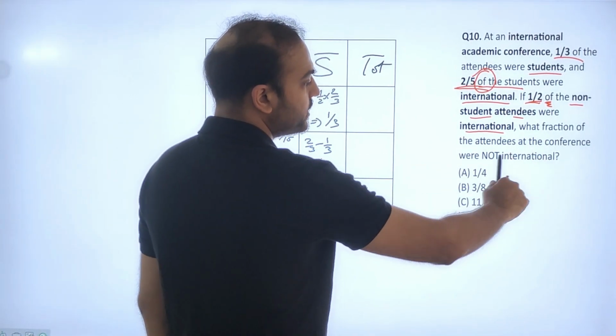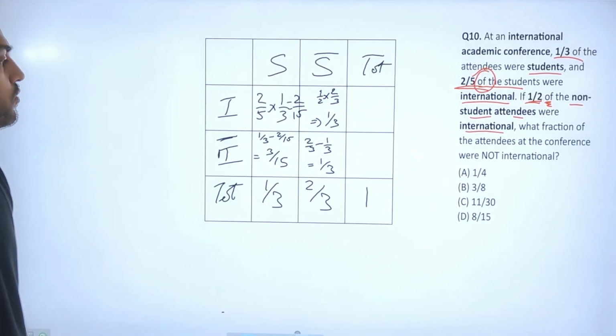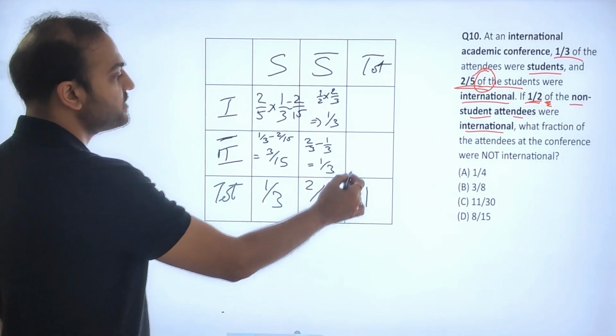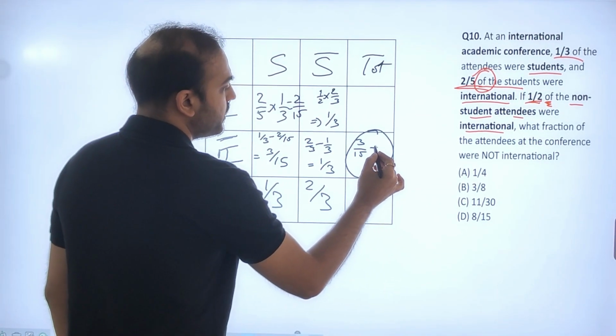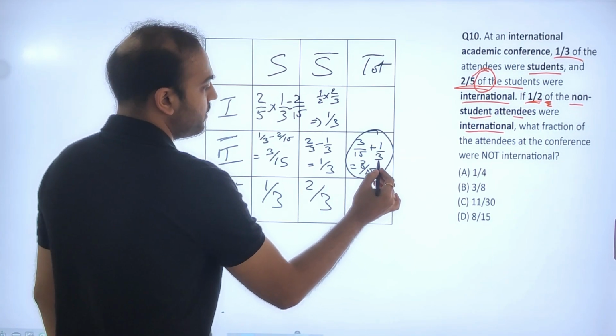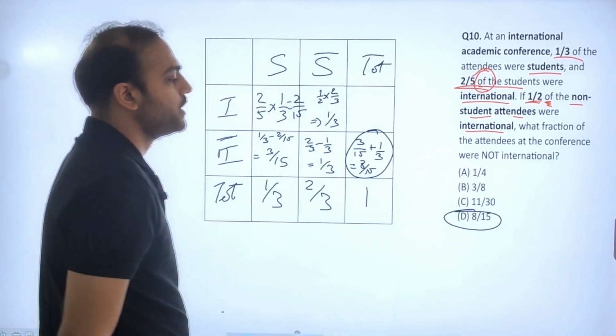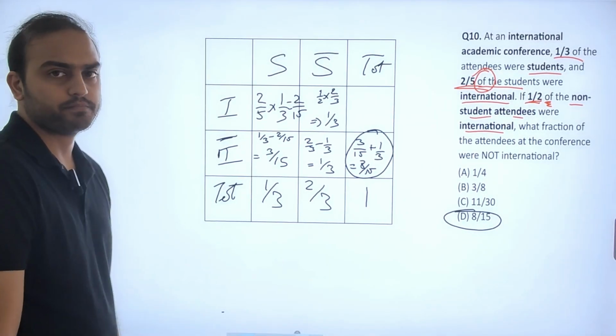What fraction of attendees were not international? So I need this total, which is simply 3 by 15 plus 1 by 3, which is essentially 8 by 15.